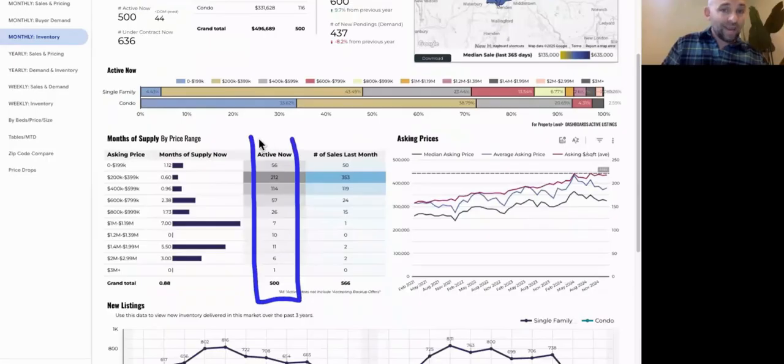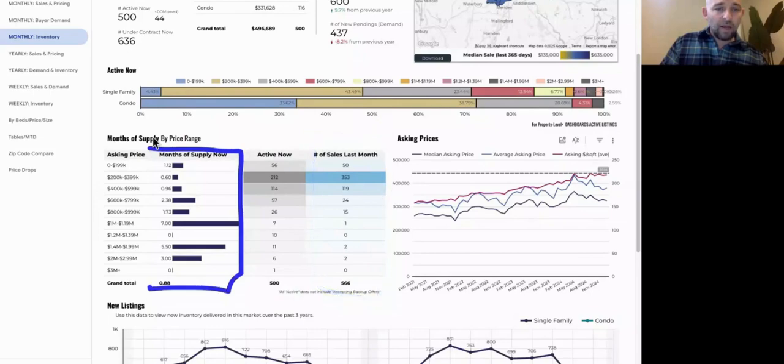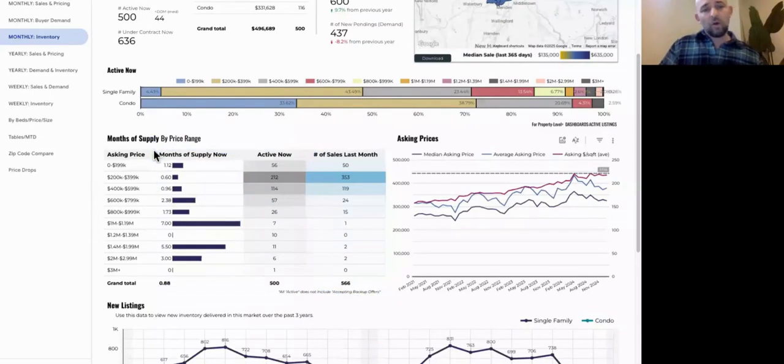We look at what's active on the market right now, we look at what sold last month, and we break down that months of supply number to give us an idea if it's a seller's market or not. And so at this moment, on February 13th or wherever we are, the $200,000 price range is right now at the all-time high in terms of that balance, right?